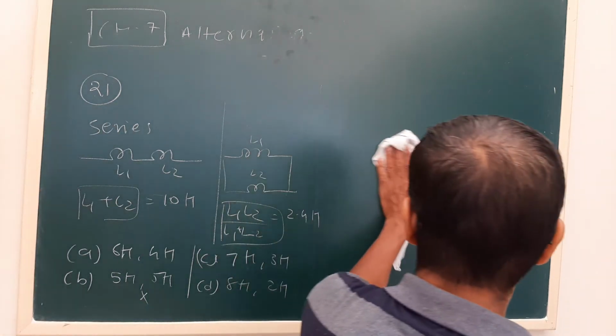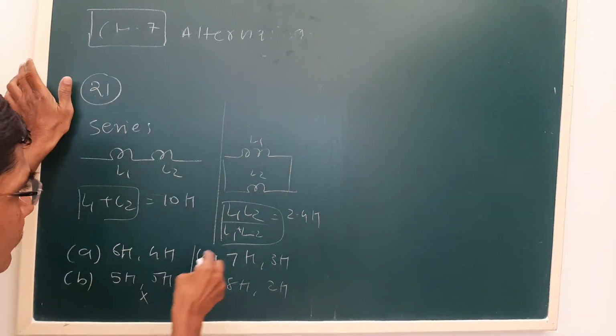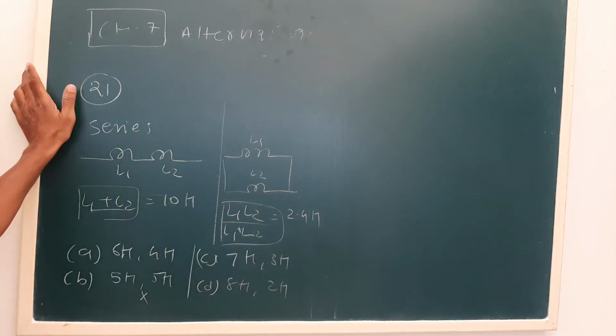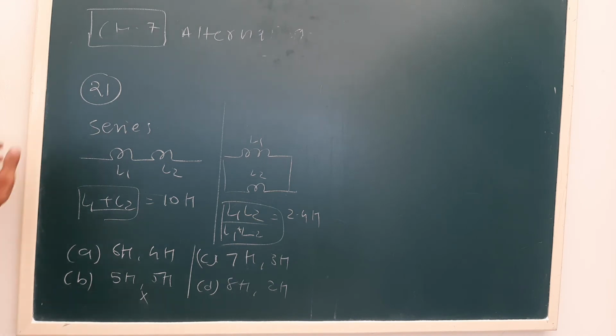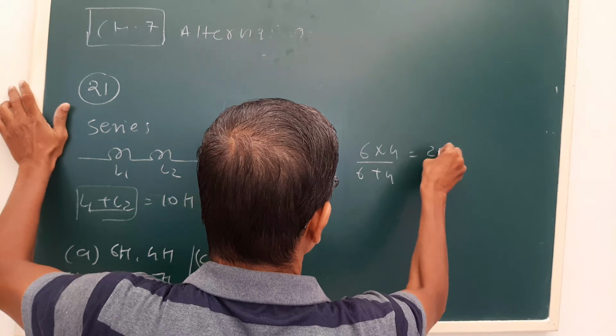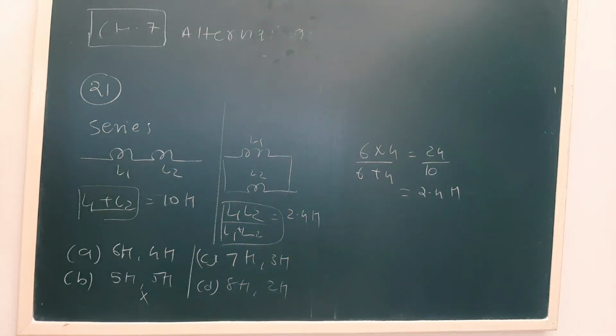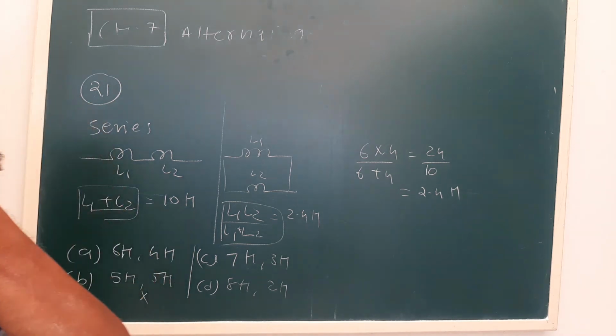Now the only possibility is 6 and 4. In series, 6 plus 4 is 10, and in parallel it will be 6 into 4 upon 10, which is 2.4.